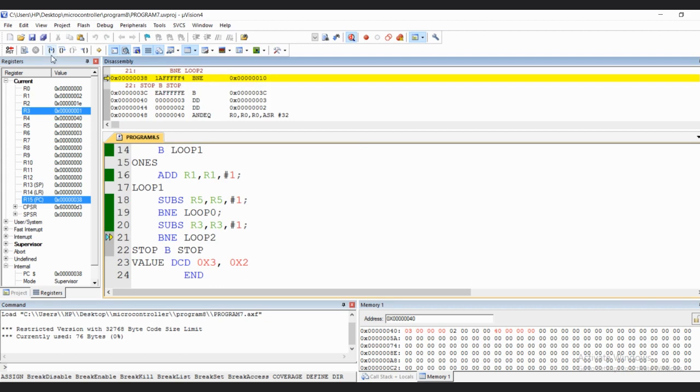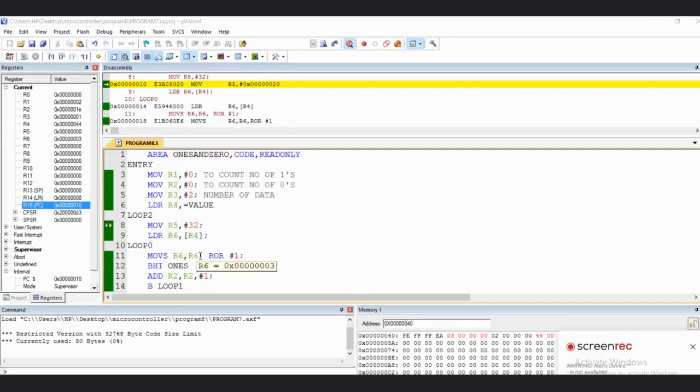Observe, R3 has become 1. We are now counting the second number. Again, R5 is copied with the value 32.